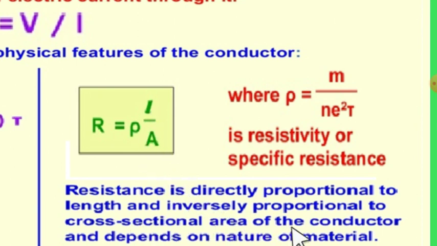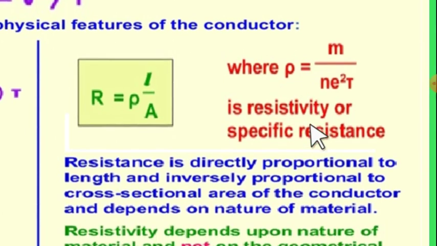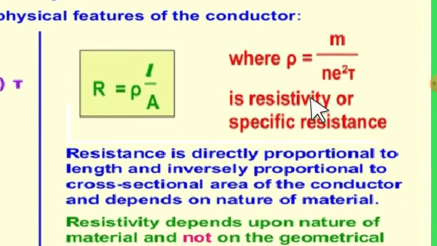It is also given here, inversely proportional to the cross-sectional area. Your resistivity depends only on the nature of the material, but it is independent of the length, breadth, thickness, all those things.